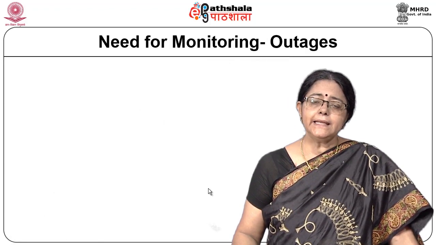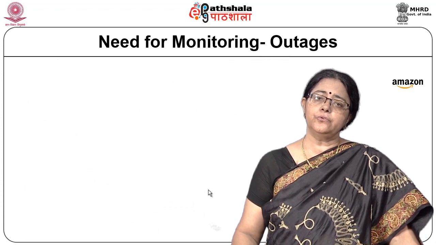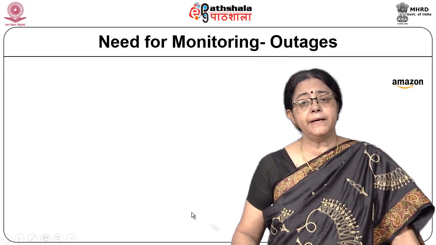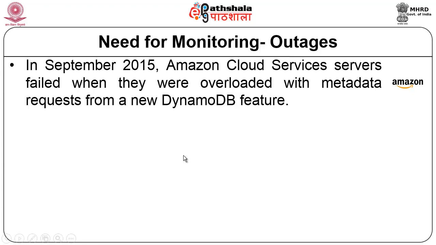So, what is the need for monitoring? Let us look at a few examples that have happened. In Amazon in September 2015, the cloud services failed when they did something with their metadata. The users could not access the Amazon cloud services.